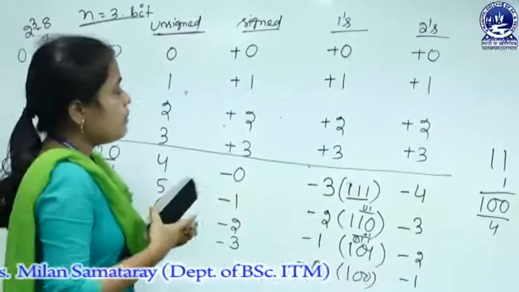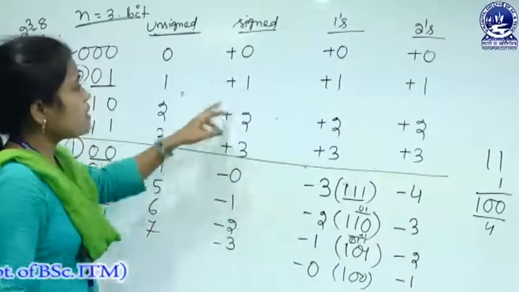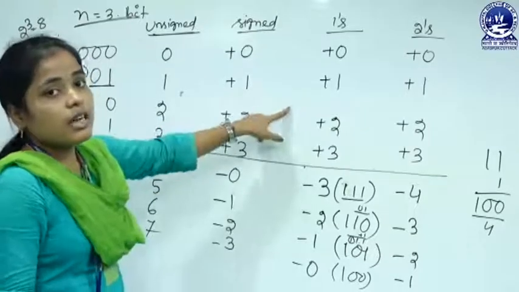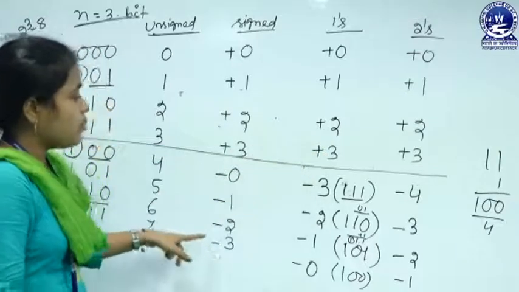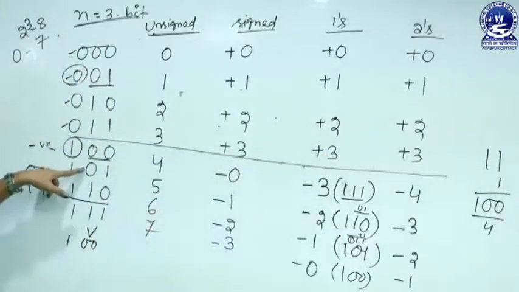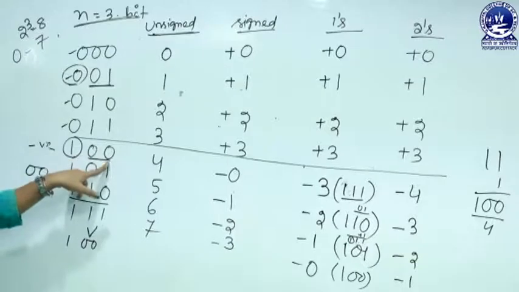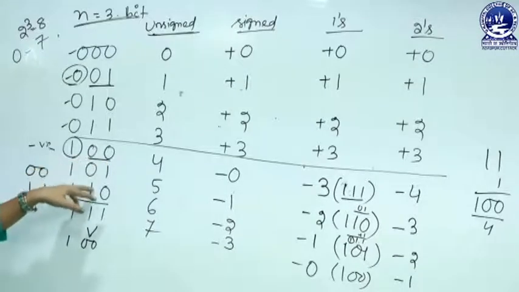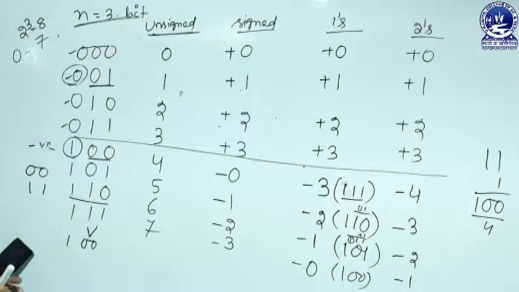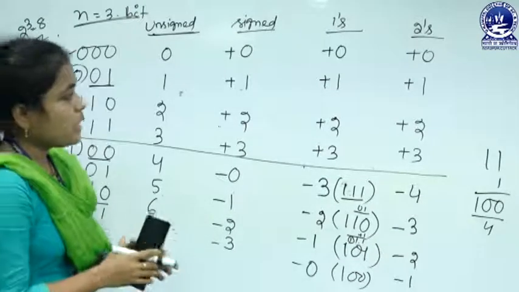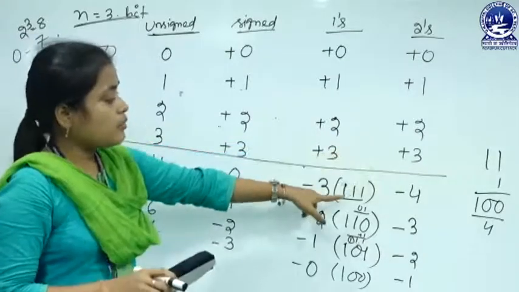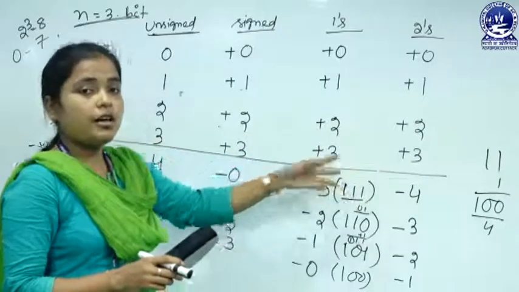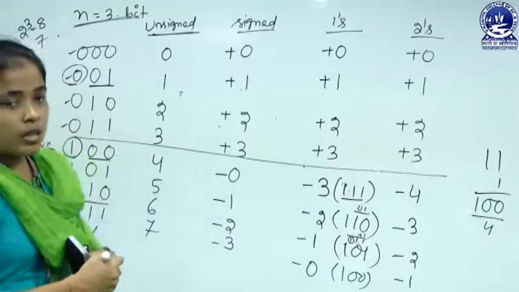You have to remember that for positive numbers you do not need to calculate the 1's and 2's complement. But for negative numbers we just have to invert the digits, that means 0 to 1 and 1 to 0, to find out the 1's complement. After finding out the 1's complement, simply add 1 to find out the 2's complement of that number.